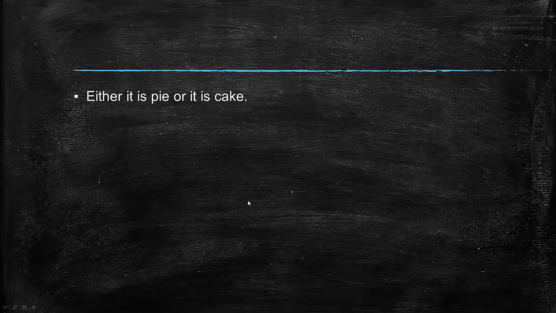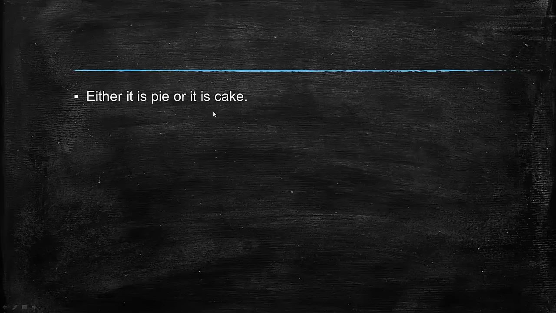So either it is pie or it is cake. Now, when you're watching this video, what you should do is stop and try it before I do, and then see if you get it right. So use the pause button a lot in the next 5 or 10 minutes here. Okay, so either it is pie or it is cake.